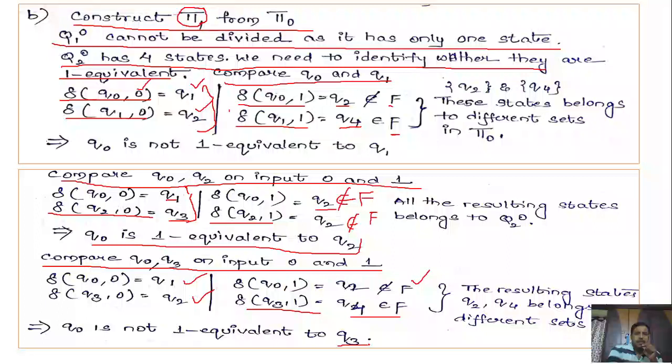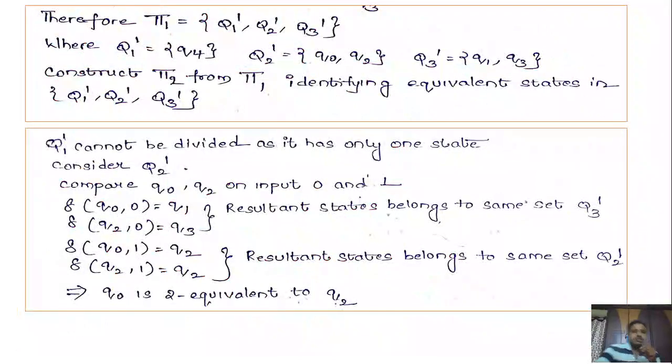So by finding out these things, we are able to understand that q0 and q2 are indistinguishable. That means they must be kept together as a single set. Now pi 1 is equal to {q1}, {q0, q2} and {q3}. What happened? The state set has increased. Why? The first one is the set of final state, which remains the same, q4.